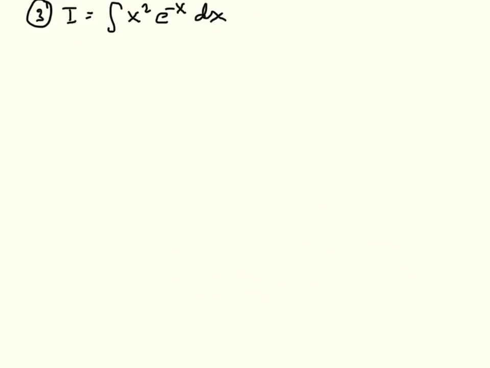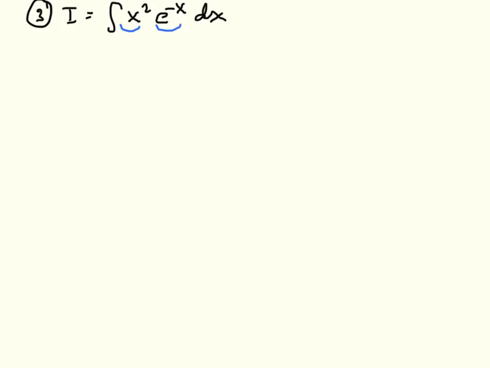So again, this is not a trivial integral. We don't look at it and spot the answer, but we do see that there are two possible terms in here, the natural ones, x squared and e to the minus x. So we think to ourselves, let's try to use integration by parts.